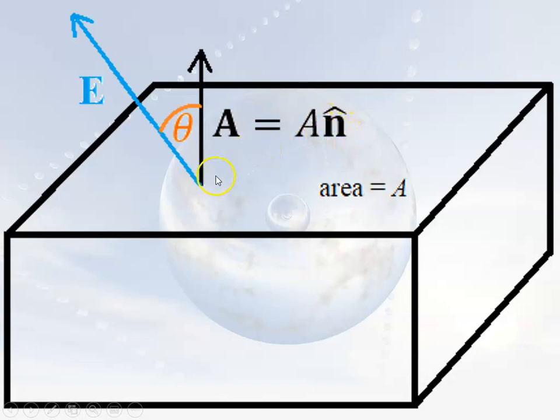In this case, the unit normal vector points up. So let's just pretend that there was a constant electric field pointed in this direction given by the blue electric field vector, and the angle was theta between the electric field vector and the area vector, and if that electric field was constant over the whole surface, then the electric flux through the top surface would be given by EA cosine theta, where the theta is this theta.